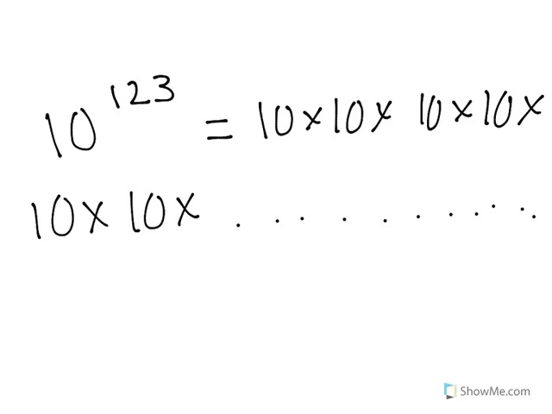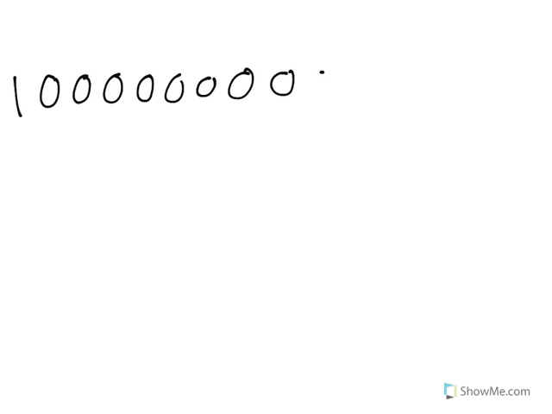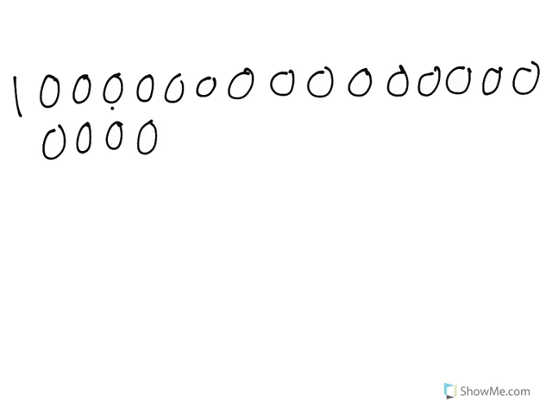Or we could think of it as 1 with 123 zeros behind it, which would be a really, really, really big number. Let's see, I have 3, 6, 9, 12, 15 right here. So if I were to write 123 zeros, I would most likely fill up this whole entire page.